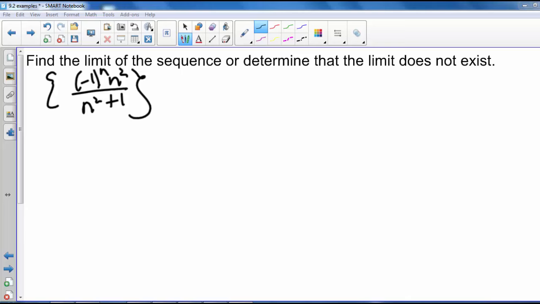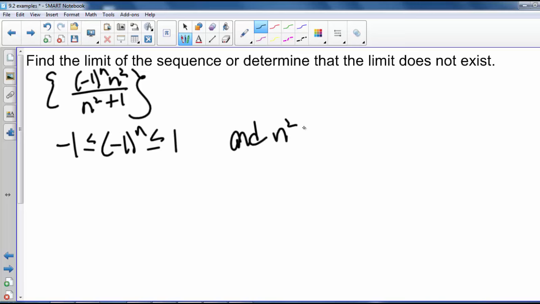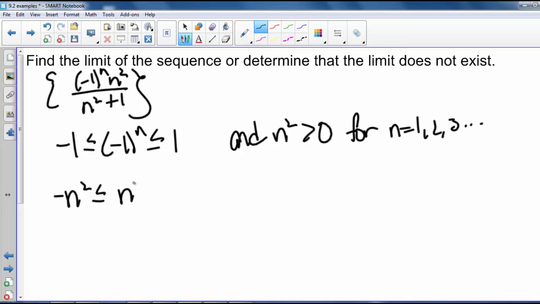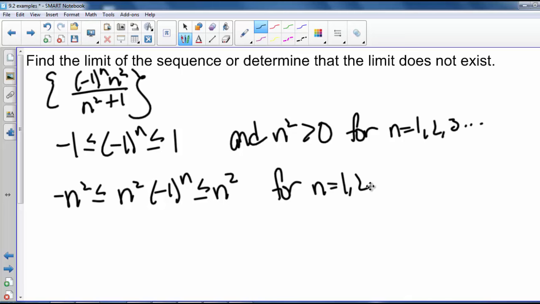So starting off, trying to use the squeeze theorem, we get negative 1 to the n is between negative 1 and 1, and n squared is greater than 0 for n equals 1, 2, 3, etc. So negative n squared is less than or equal to n squared times negative 1 to the n is less than or equal to n squared for n equals 1, 2, 3, and so on.